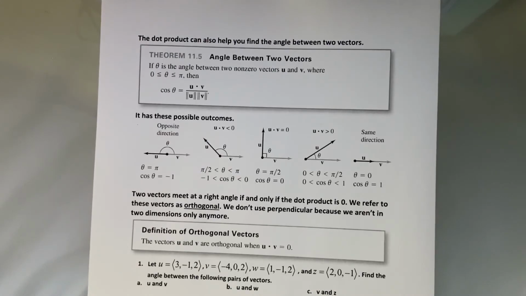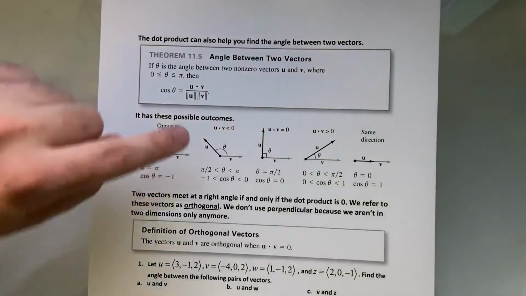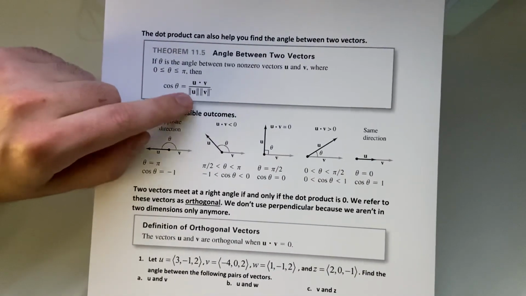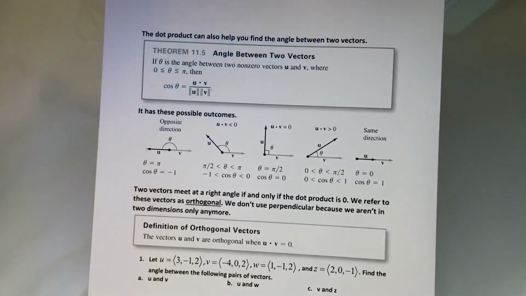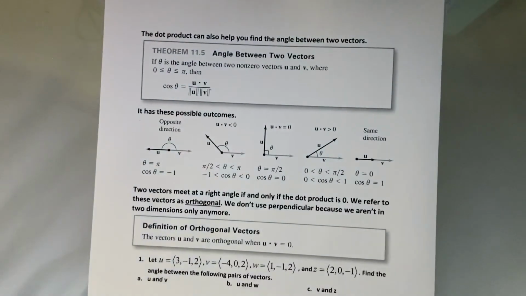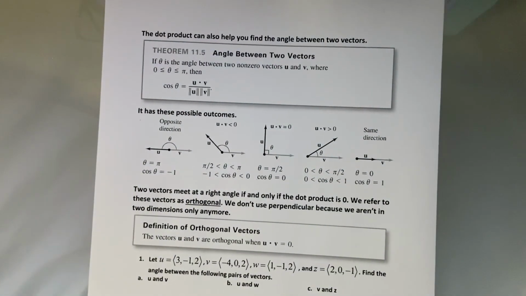If the dot product is less than 0, remember these magnitudes are always non-negative because they're squared and you take the square root of them, so the only thing that determines sign is the numerator. So if the dot product is negative, then they are more than 90 degrees away, or more than pi over 2 radians apart. The closer to -1 you get, the closer to pi. Closer to 0, closer to pi over 2.